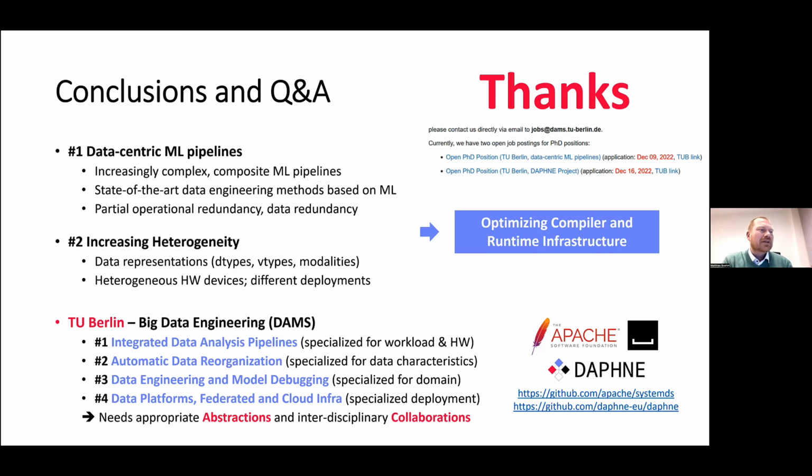So how can we specialize the runtime plans and the deployment for the environment where we are in? Ultimately, it's all about finding the right abstractions and properly implementing those abstractions. And as I always tell my team, it's also about interdisciplinary collaborations to keep ourselves grounded.